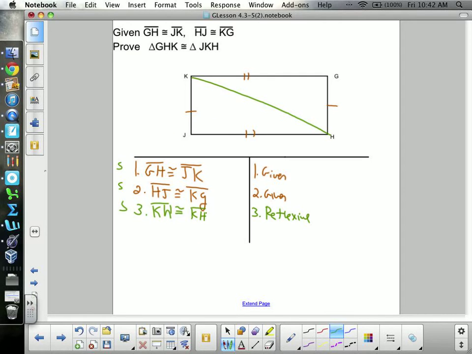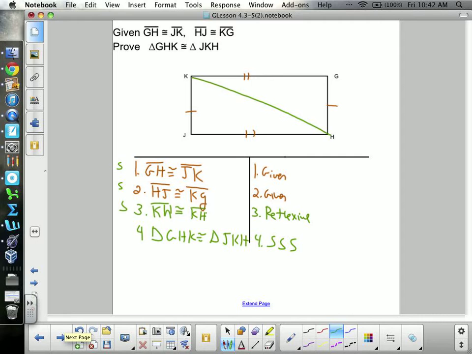Do I have enough now? Which theorem? Side, side, side. And triangle GHK is congruent to JKH. What's that thing after the 4? Side, side, side.